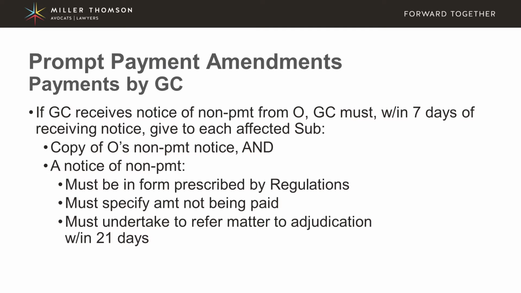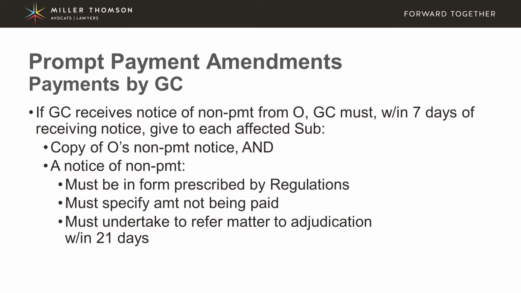Now, the reason I mentioned the fact that the GC has to give these documents to each affected sub is that if the GC's invoice has broken down the amounts for which it's seeking payment so that it shows the work for the excavating sub or the electrical sub, then the owner, if it disputes certain aspects of the GC's invoice, so let's say the owner only disputes the work of the electrical subcontractor, then the owner must still pay for the excavation work, and therefore the GC doesn't need to give notice to the excavation subcontractor because it's not affected by the owner's notice of non-payment.